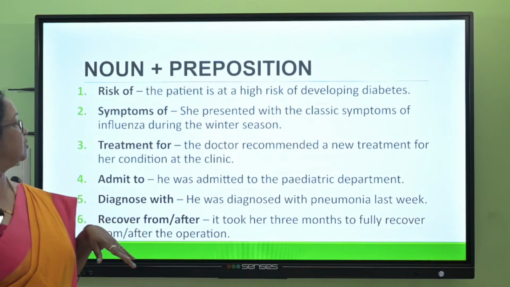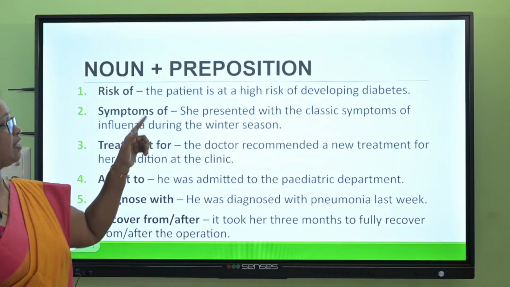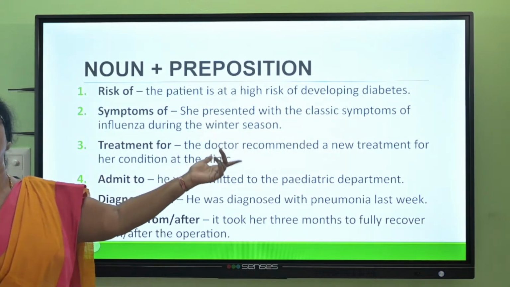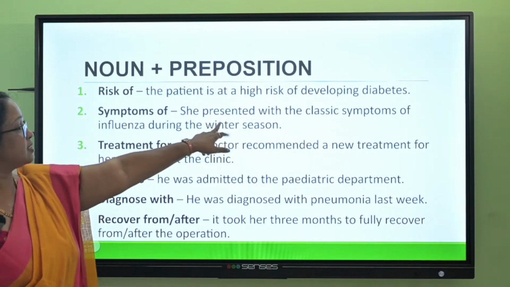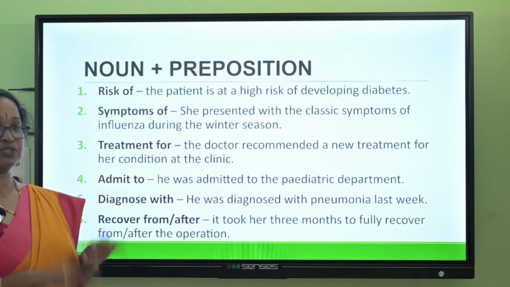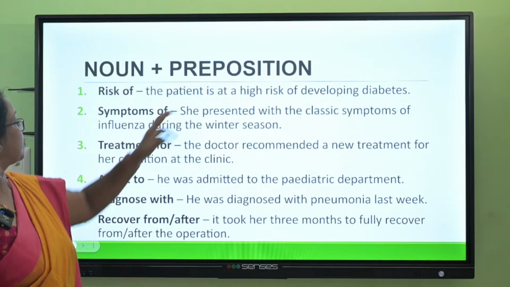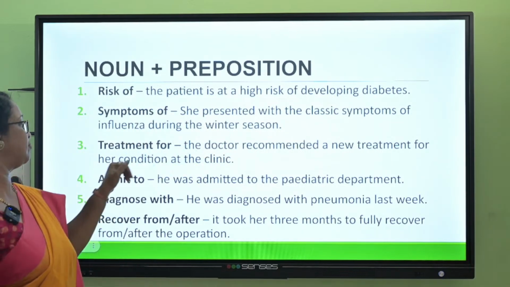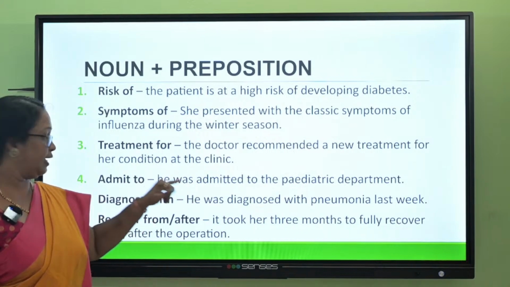Symptoms of: she presented with the classic symptoms of influenza during the winter season. With the noun symptoms we have used the preposition of. Treatment for: the doctor recommended a new treatment for her condition at the clinic.